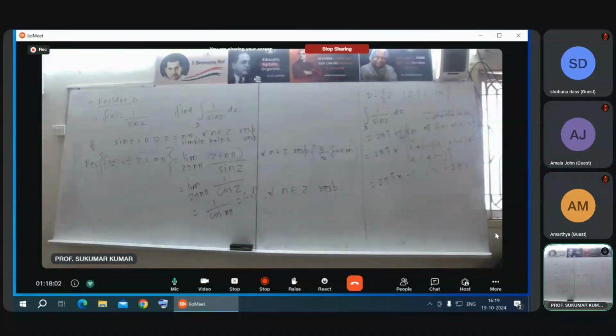That is no problem, natural or integer. Where did I use n? Depends on something. Here you see, integer, natural, both right, no problem. Another place, when theta is equal to n pi, that place.